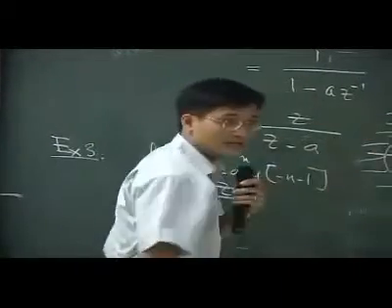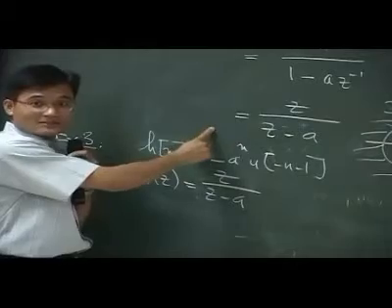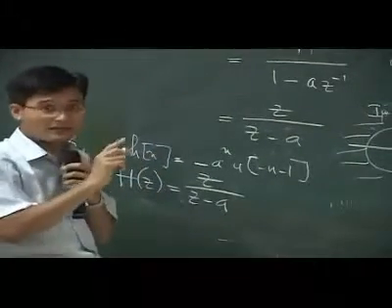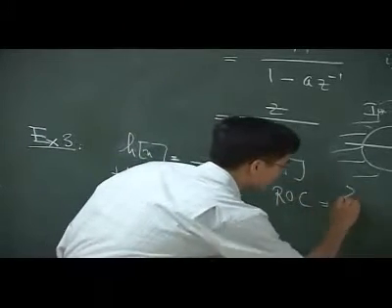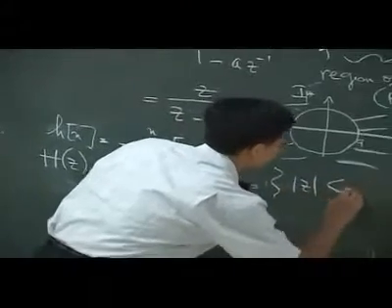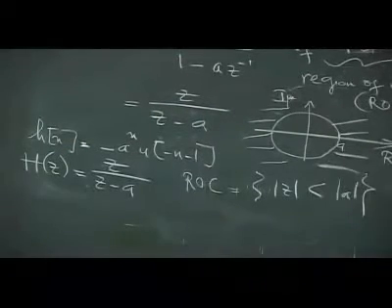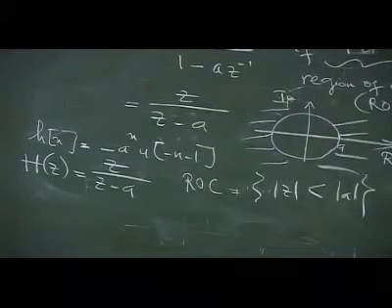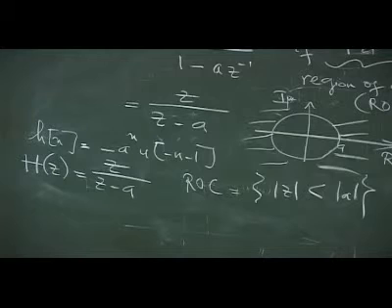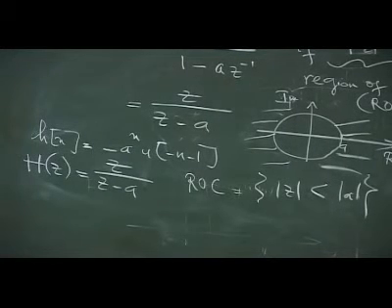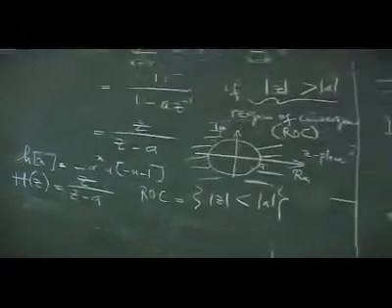You can do exactly what I have done. The Z transform is exactly the same, except the only thing that distinguishes these two systems is that now the ROC is when the absolute value of z is less than the absolute value of a. Okay. So now that's giving you two simple systems, both of them representing an infinite impulse response system, an IIR system, but having a very simple Z transform, which in turn allows us to do simple computation. So, clear so far?